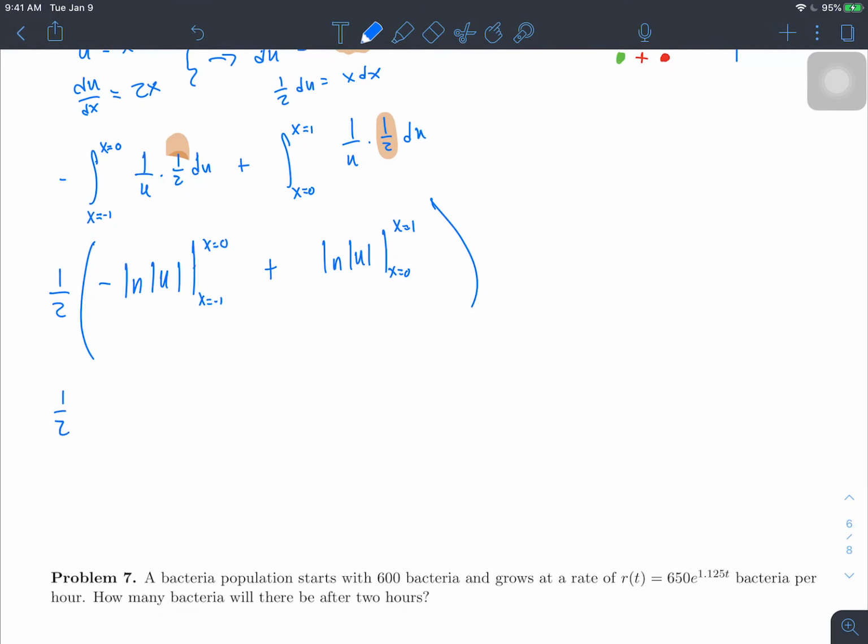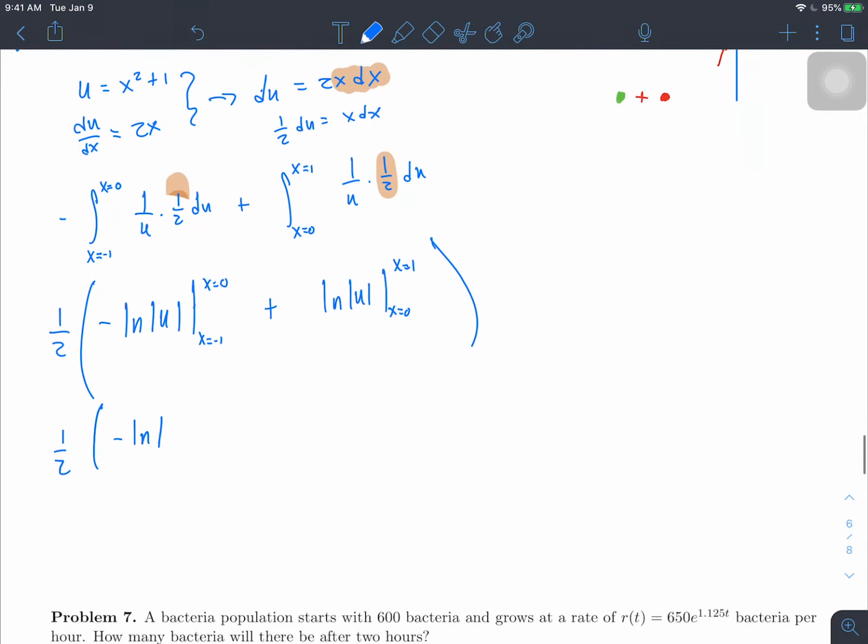So I'll keep my 1/2, I'll keep my parentheses, and then this will become negative ln of absolute value of u, which was x squared plus 1, x squared plus 1, evaluated at x equals -1 and x equals 0. And I'll add to that ln of the same thing, x squared plus 1, and I'll evaluate that one at x equals 0 and x equals 1.